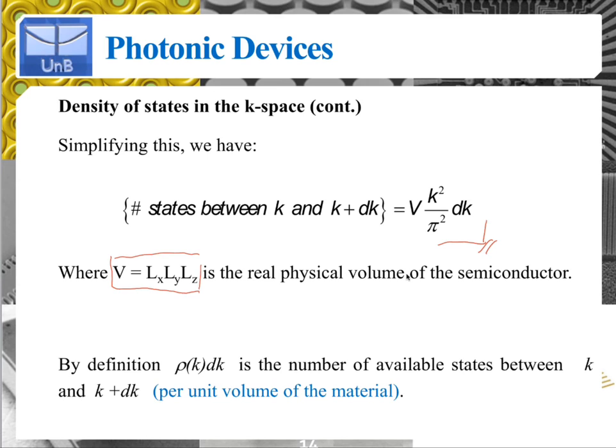And by definition, we said that rho of k dk is the number of available states between k and k plus dk, or in other words, with wave vectors between k and k plus dk per unit volume of the material. So all of the quantities, be it rho of E or rho of k, the carrier concentration, and all of these things related to the amount of carriers or the number of states are normalized with respect to volume.